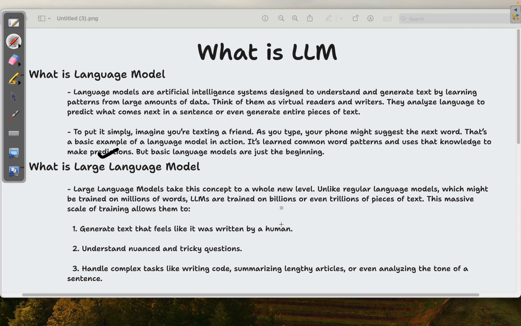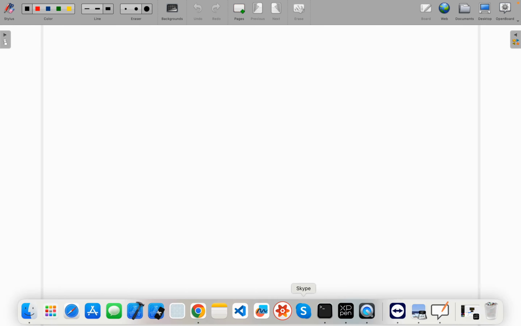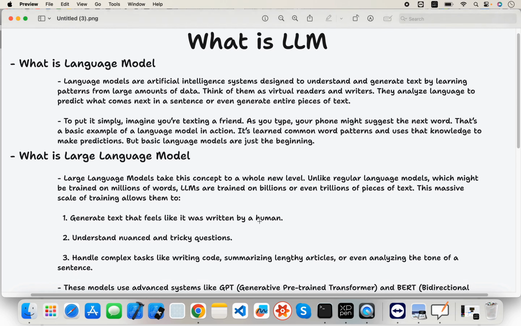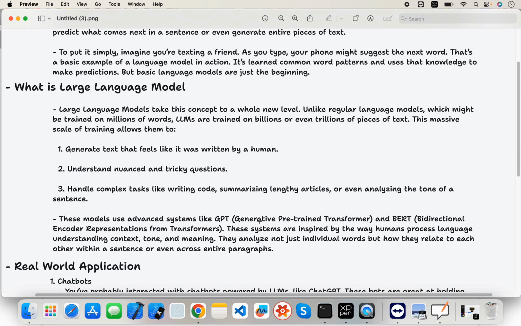So how are they good, right? Large language models are very good at generating text that feels like it is human written, right? You have already used something like ChatGPT, right?